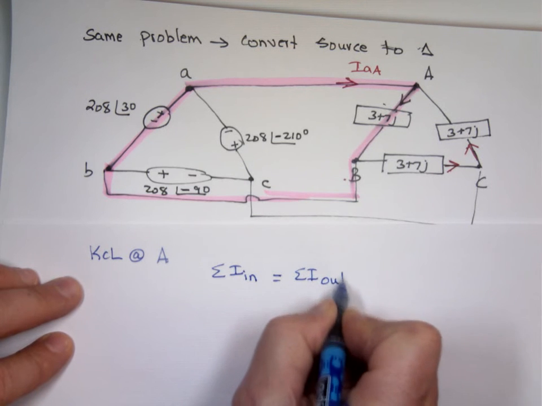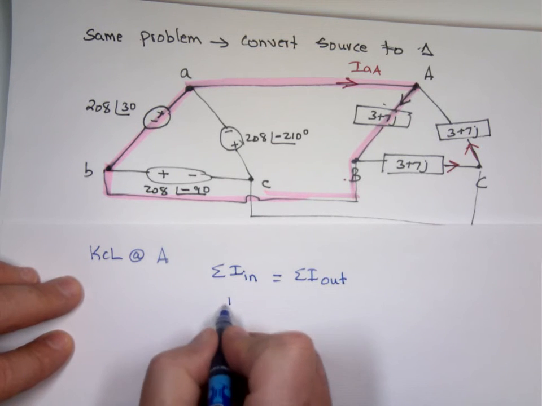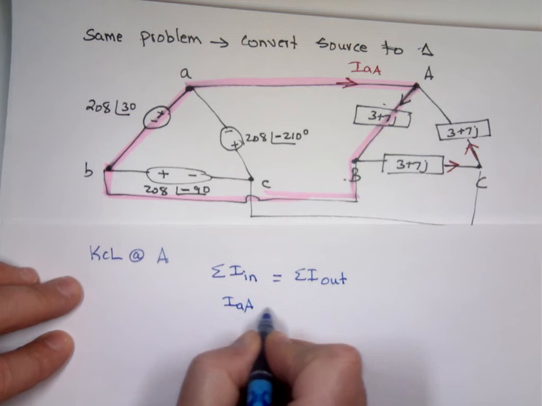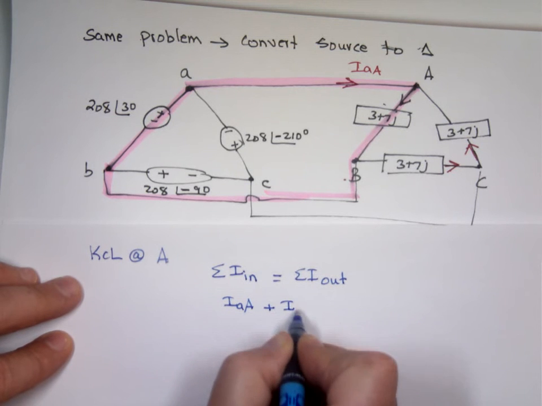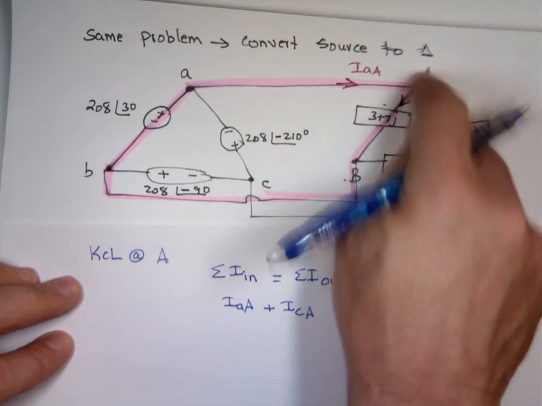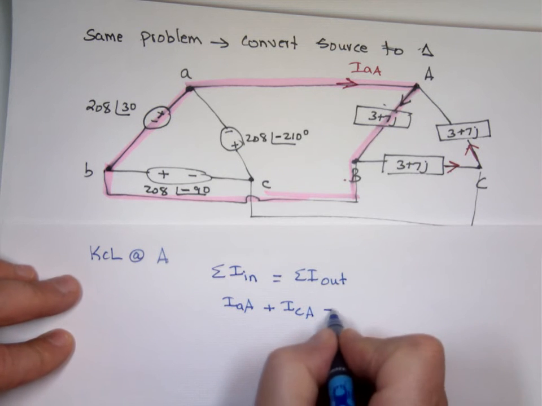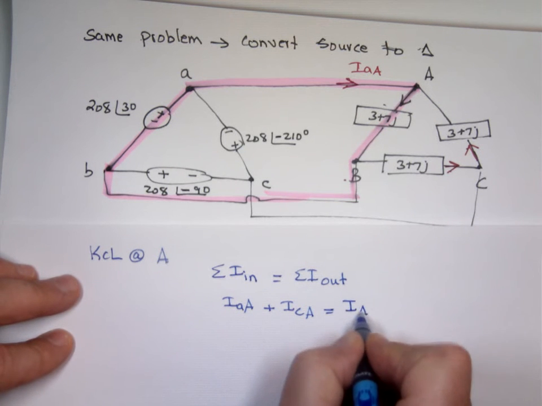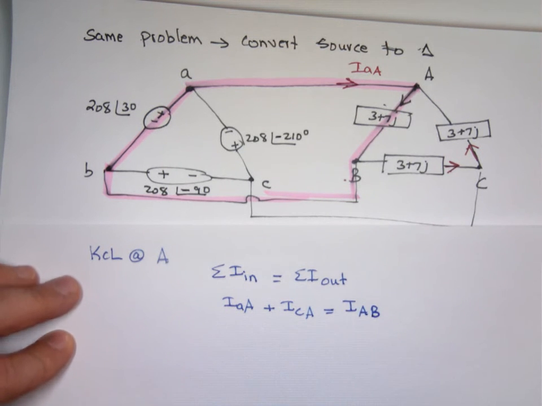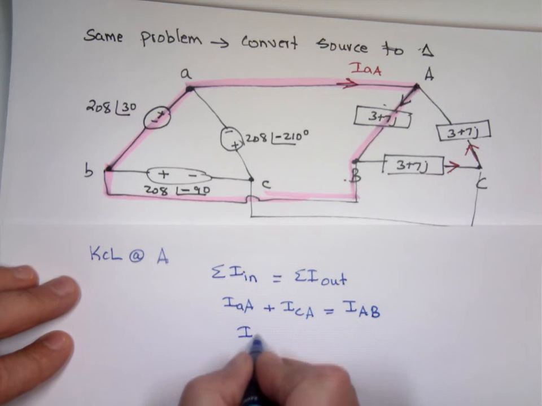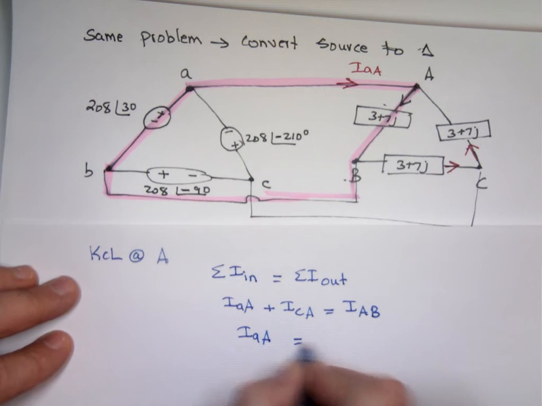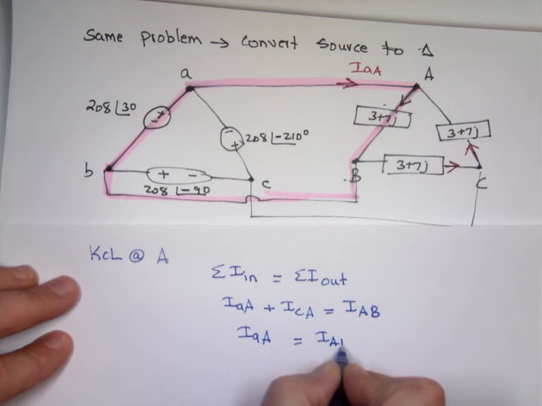What is going into that node? I sub AA plus I sub CA, from C to A. What's leaving that node? I sub A to B. So what's I sub AA? It's I sub A to B minus I sub C to A.